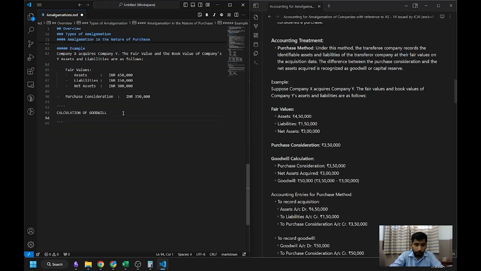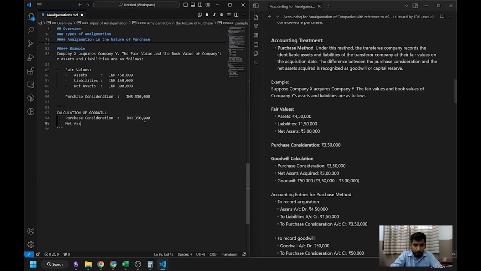Here, the purchase consideration is given as rupees 3,50,000.